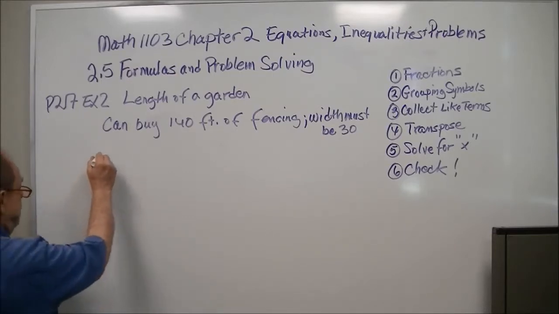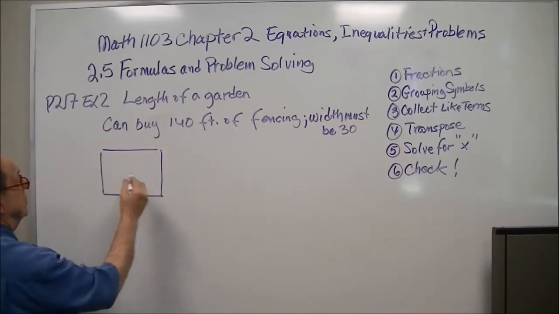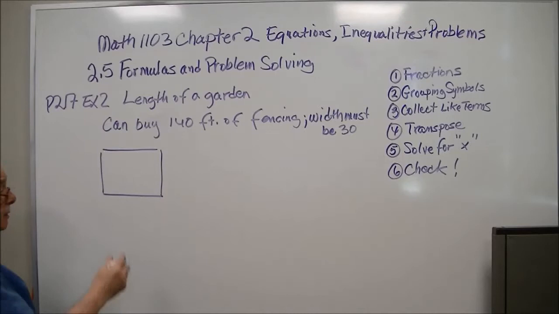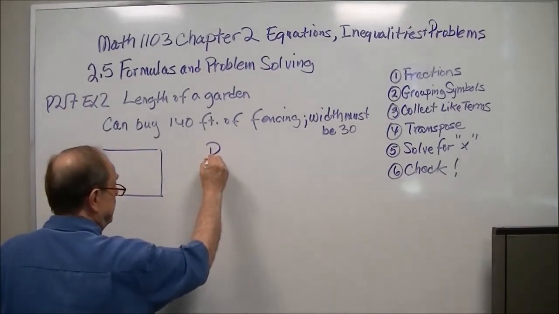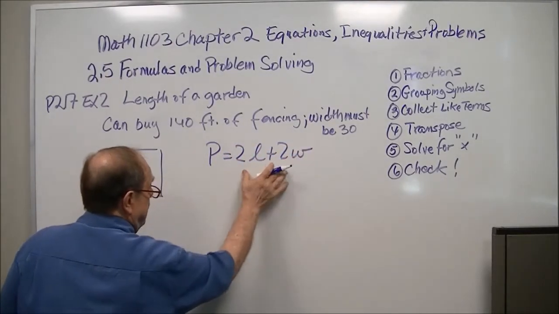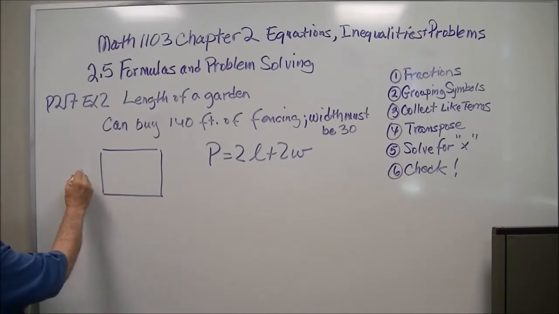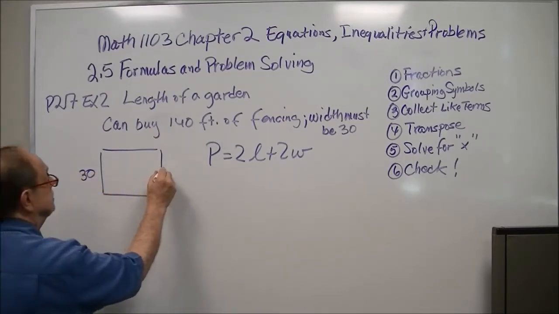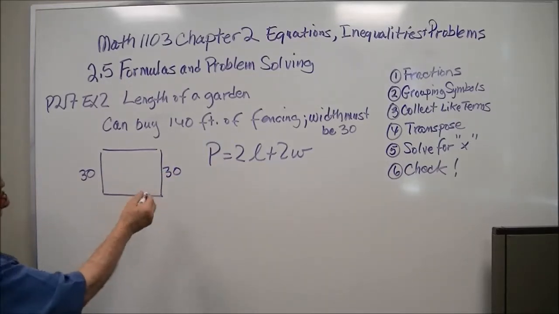Well, again, a picture would be helpful. And the formula that we're interested in is fencing around, so that's going to be perimeter. And you would need to know that: 2 lengths plus 2 widths. Now the width must be 30, and what we don't know is the length.